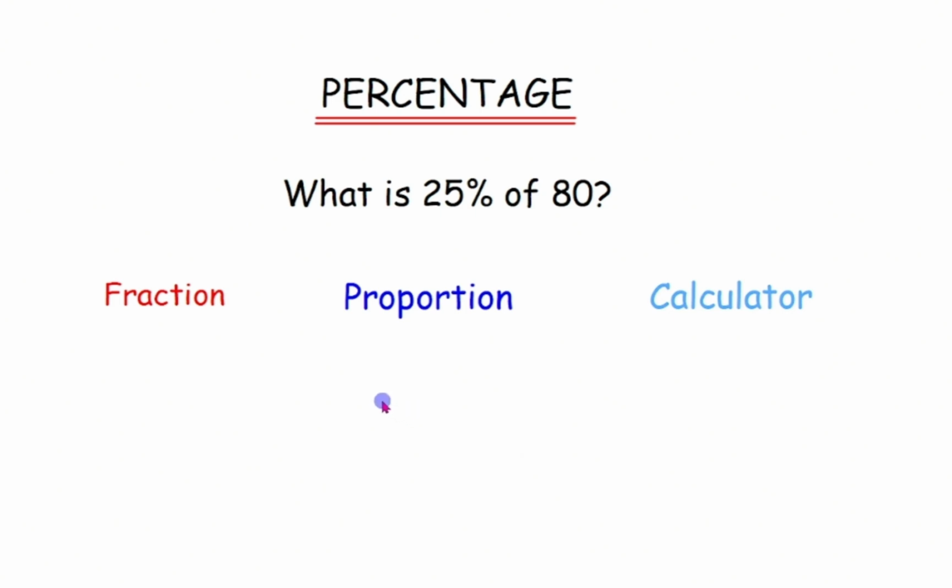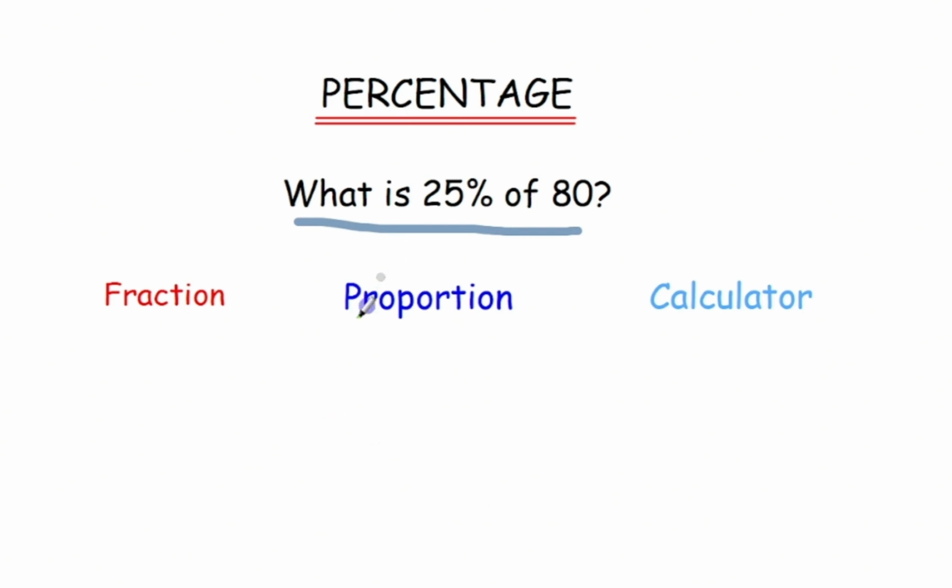In this video, we are going to learn precisely what a percentage is, and then we will explore how to calculate it effectively using three distinct and different methods, all while working through the very same practical exercise. What is 25% of 80?